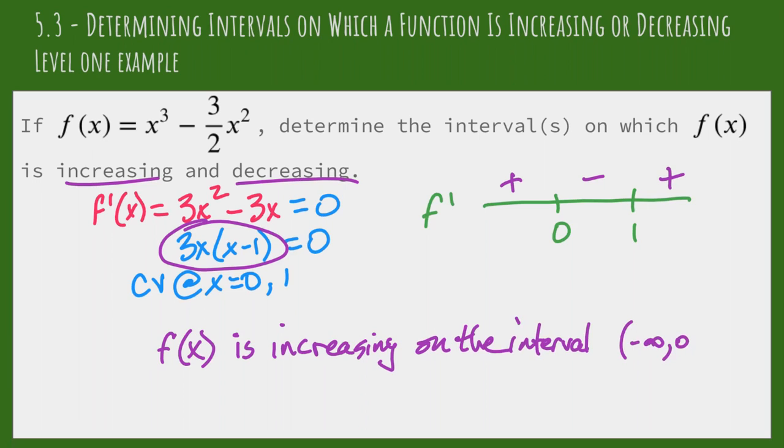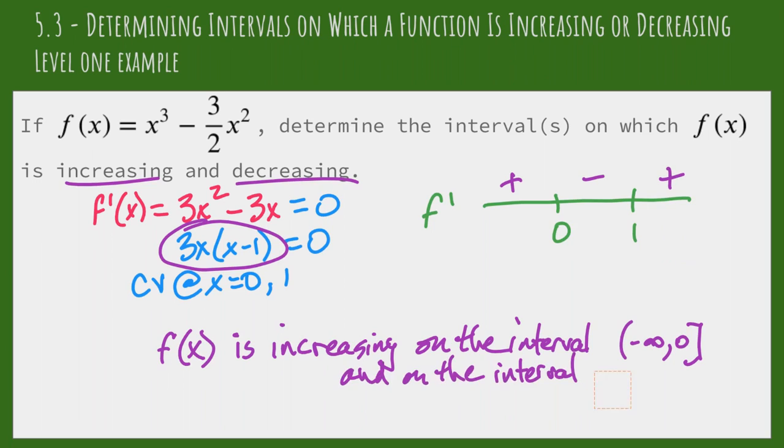I do want to include 0 because we're going to include the endpoint as long as the derivative is equal to 0 at that point, but it's adjacent to an open interval that is increasing. We're going to include it. And on the interval, we also have positive derivatives here to the right of 1.